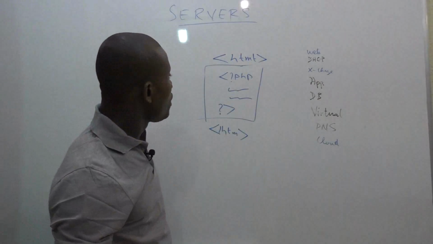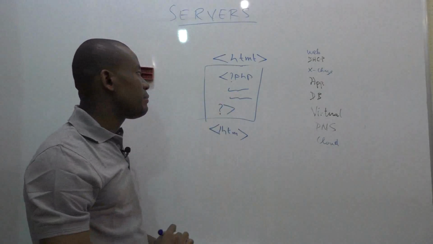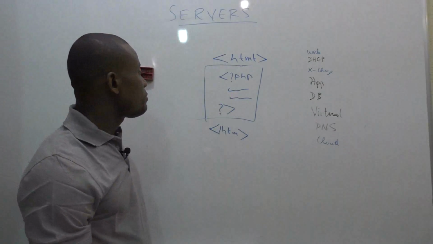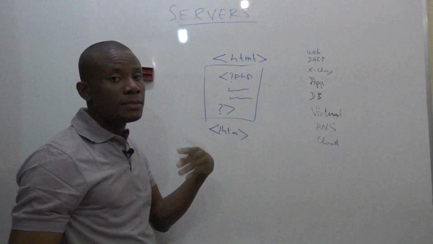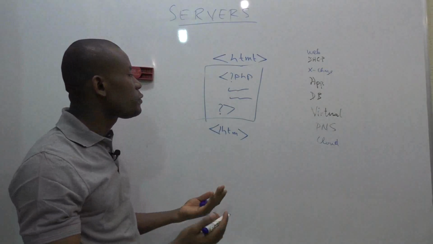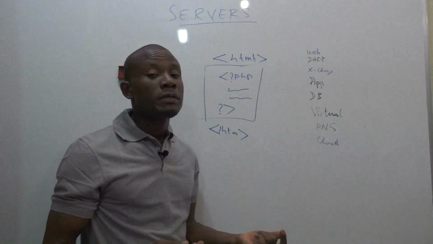Okay, so if you have a page like this, it's called a dynamic page. It may also be a different language other than PHP. It may be JSP, it may be Cold Fusion, it may be ASP or some other programming language.